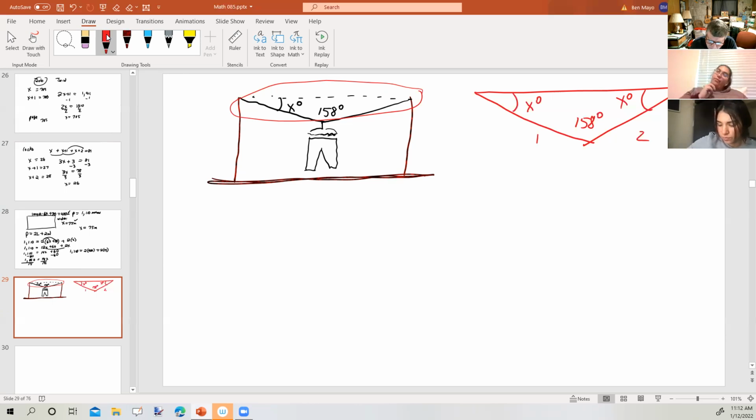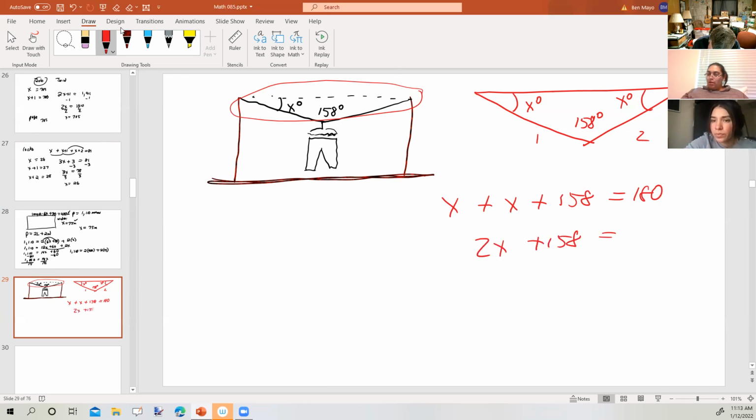The other piece of information that we need is that the sum of the three angles of a triangle add up to 180 degrees. So 2x plus 158 equals 180.